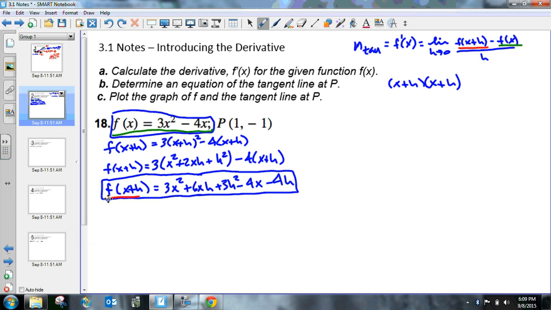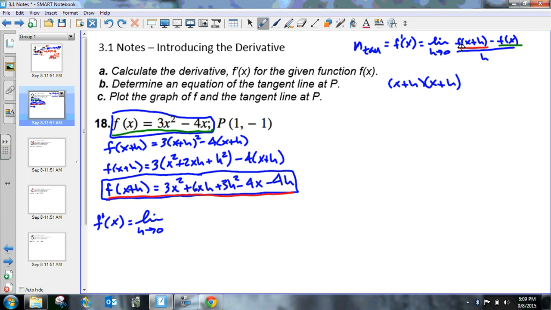As I substitute this in, here's what I've got. I got to write this out, so I'm going to use blue. F prime of x, my derivative. Calculating the derivative, that's what I'm trying to do here. F prime of x is equal to the limit as h approaches 0 of f of x plus h.